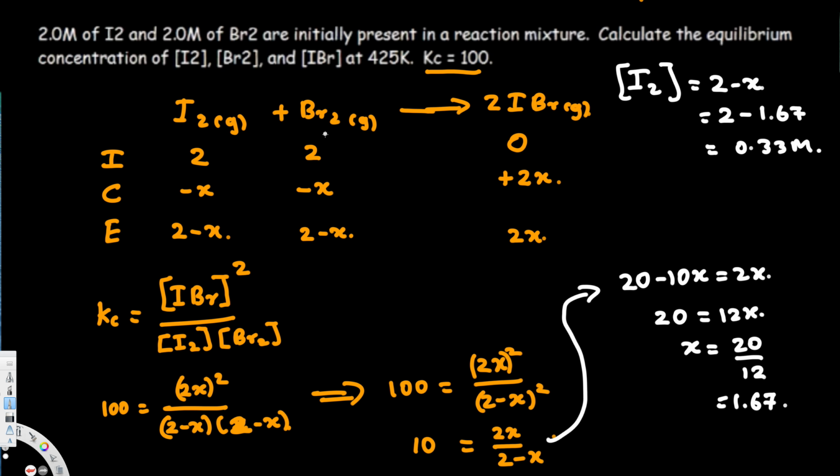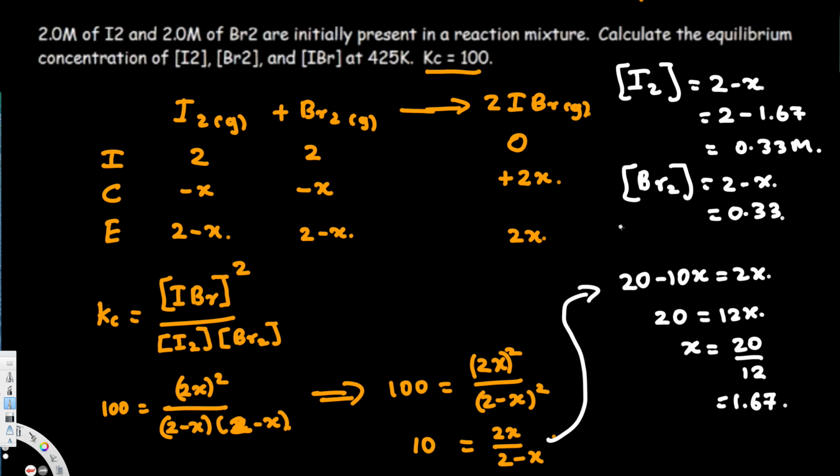Now Br2 is also going to be the same, because Br2 is also 2 minus x, so we are going to get the same value. The Br2 concentration is 2 minus x, and if you calculate this one you will get the same answer, 0.33.